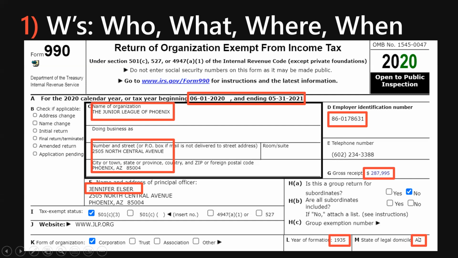And then, to no one's surprise, state of legal domicile, Arizona. What might be a different type of organization? I think most of the room today chose pretty hyper local organizations, but there could be a nonprofit that spans a region where they may operate in California but be based in Arizona.